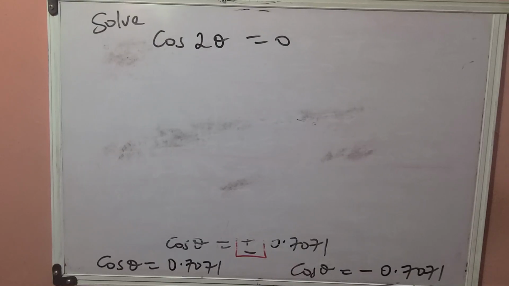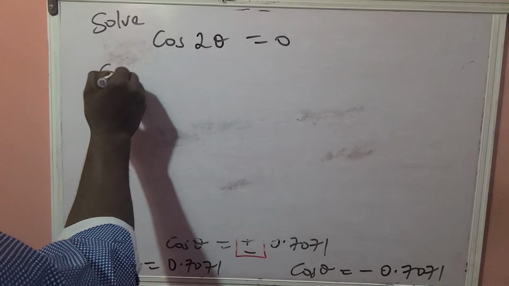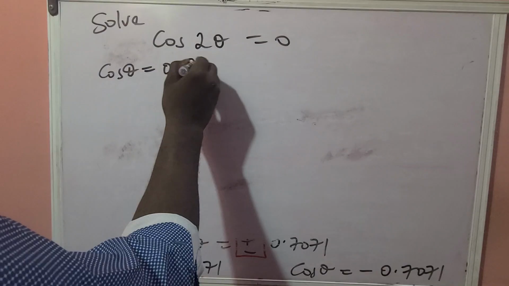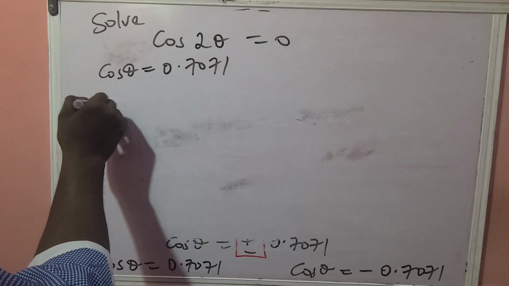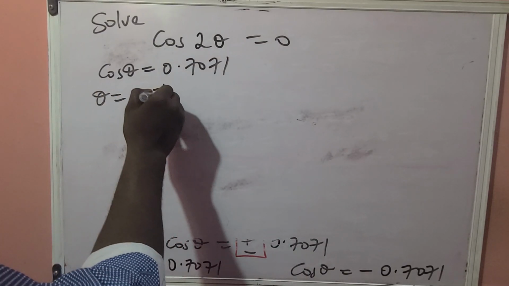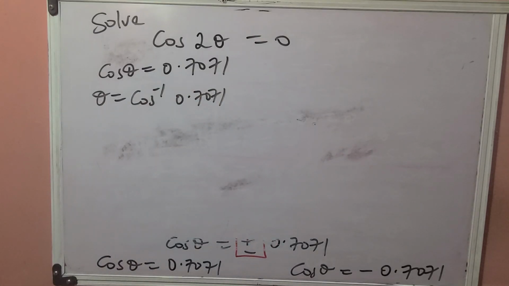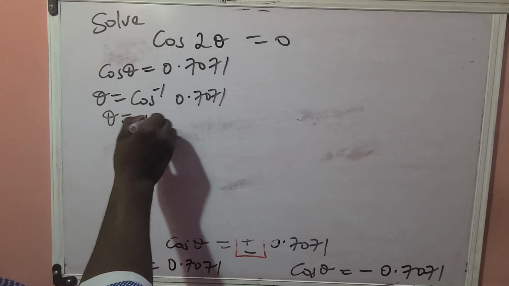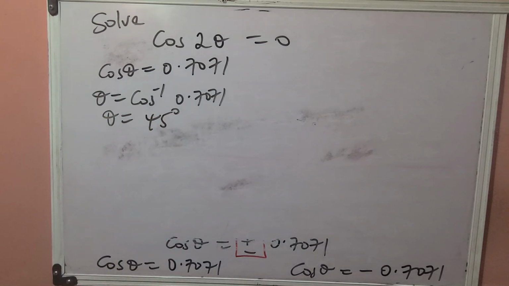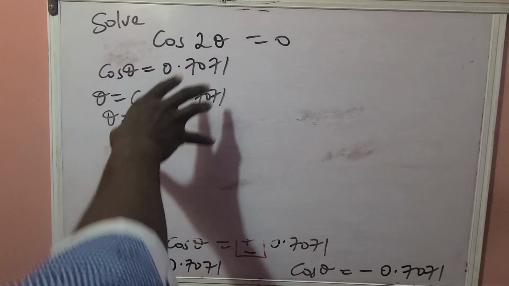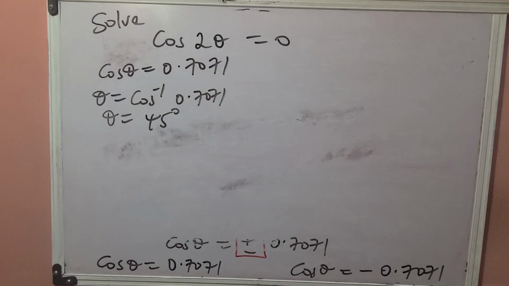So in solving that, of course, the first step I told you to always do is to find the arc cos of this value. If you press this on a calculator, you will get your theta to be 45 degrees. Now, for us to use this to solve these two values, it's the same thing you would do if you were dealing with the negative side also.